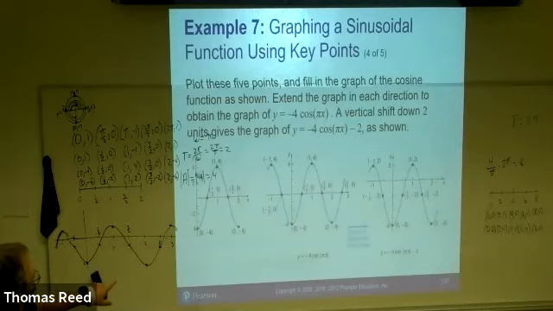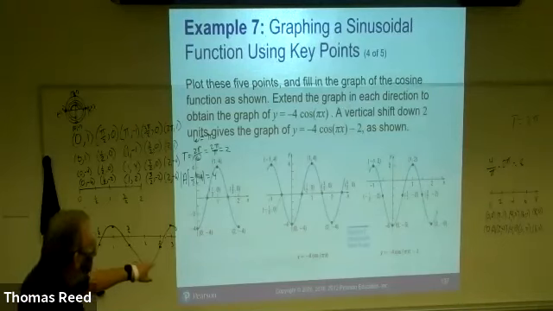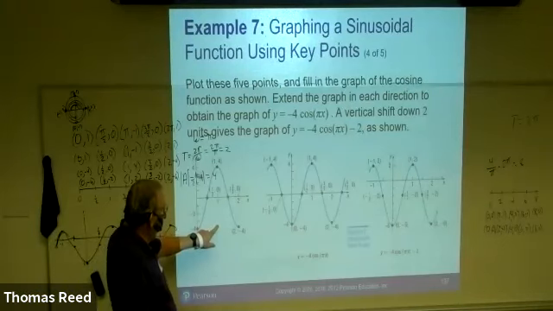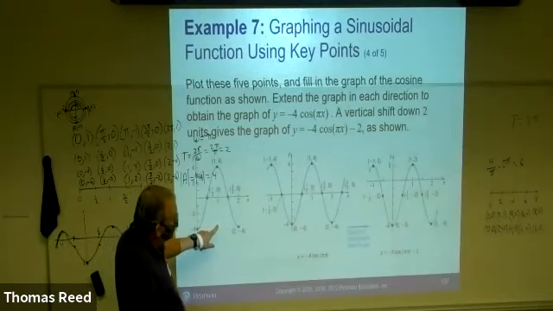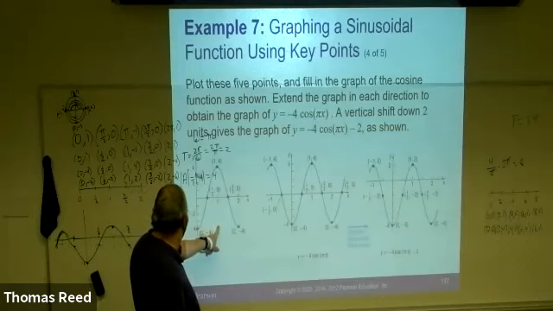So what's the first line? Oh, the first slide is just a single period. And here they extended it.